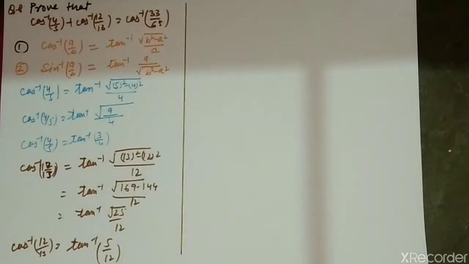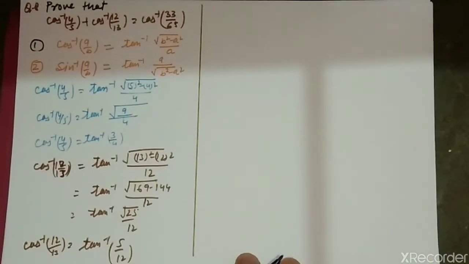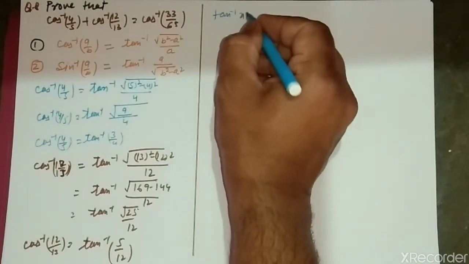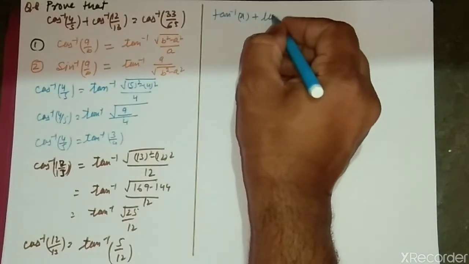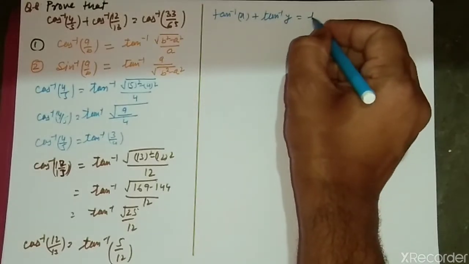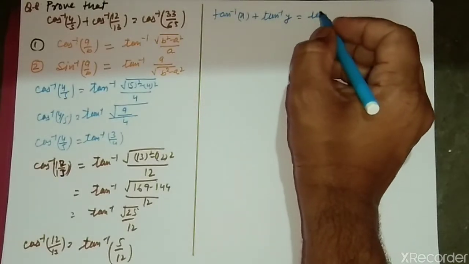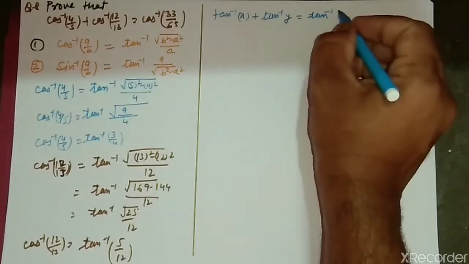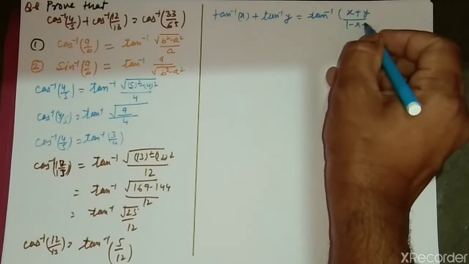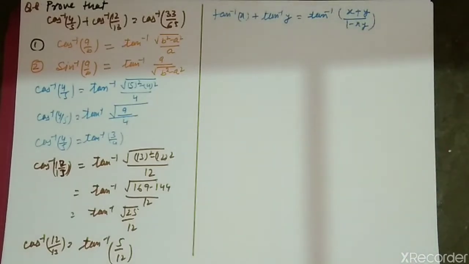Now applying the identity of tan inverse, we know that tan inverse x plus tan inverse y is equal to tan inverse of (x plus y) upon (1 minus xy). Clear?